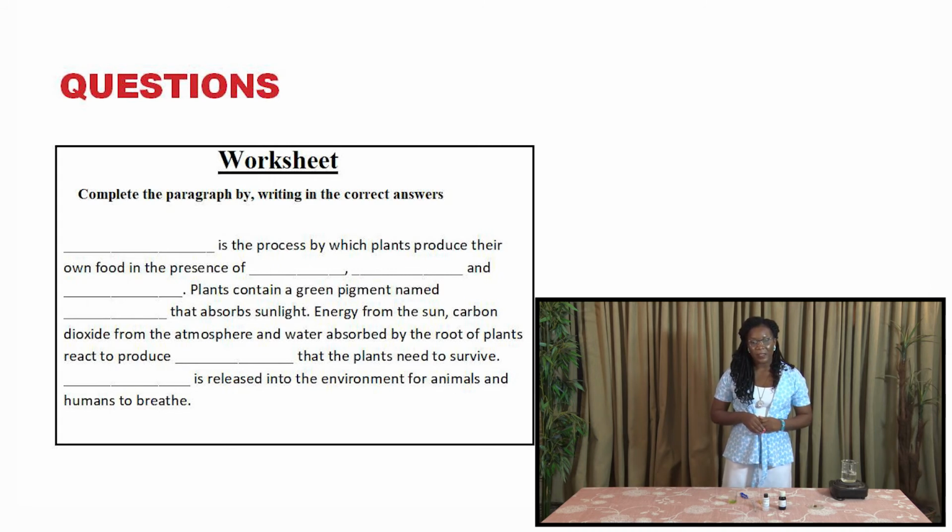energy from the sun, carbon dioxide from the atmosphere, and water absorbed by the root of plants react to produce something that the plants need to survive. Something is released into the environment for animals and humans to breathe.